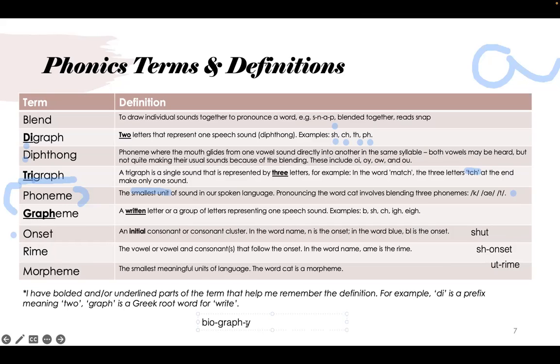Each of those carries meaning apart. Bio is self or life, and so words can be broken apart into multiple morphemes, right? Or the smallest version, like cat, is just one morpheme. That is the morpheme. A morphemic analysis is when you're looking at the different word parts that are in a word in order to ascertain its meaning. So a morpheme is the smallest meaningful unit of language in a word, but there could be several morphemes in one word.